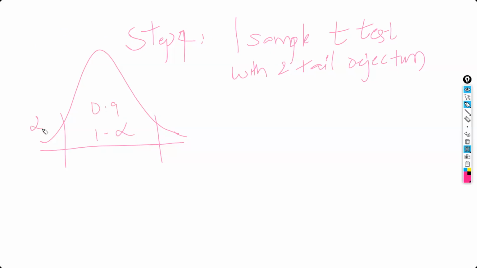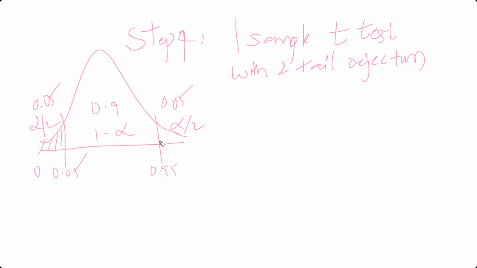This is alpha by 2, which is 0.05, and this is alpha by 2, which is 0.05. If you combine the total, it is 1. So 0 to 0.05 is the rejection area, 0.05 to 0.95 is the acceptance area, and again 0.95 to 1 is the rejection area.